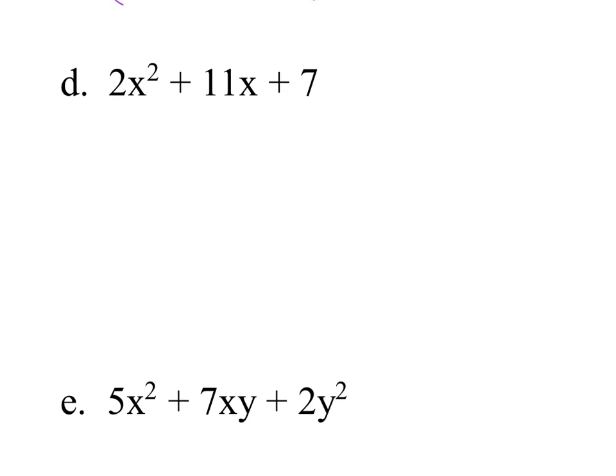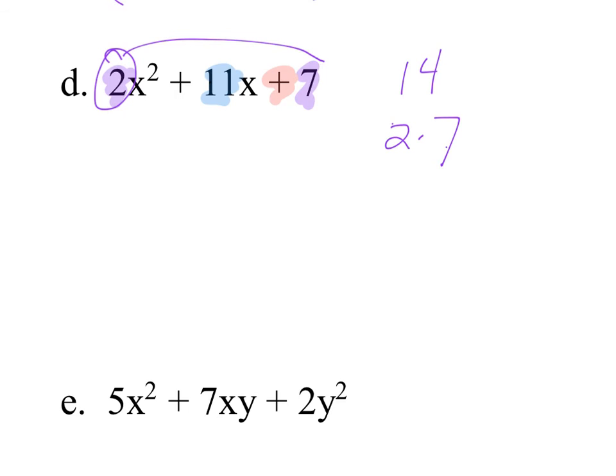All right. Now I have 2x squared plus 11x plus 7. 2 times 7 is 14. Factors of 14 are 2 times 7, or 1 times 14. They're going to have to add to 11.